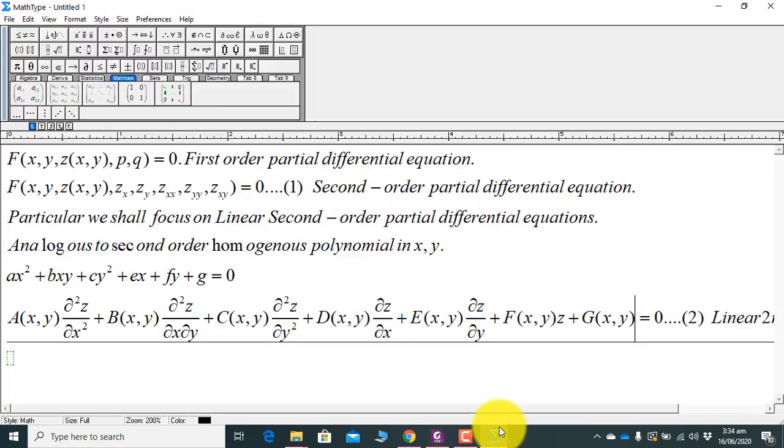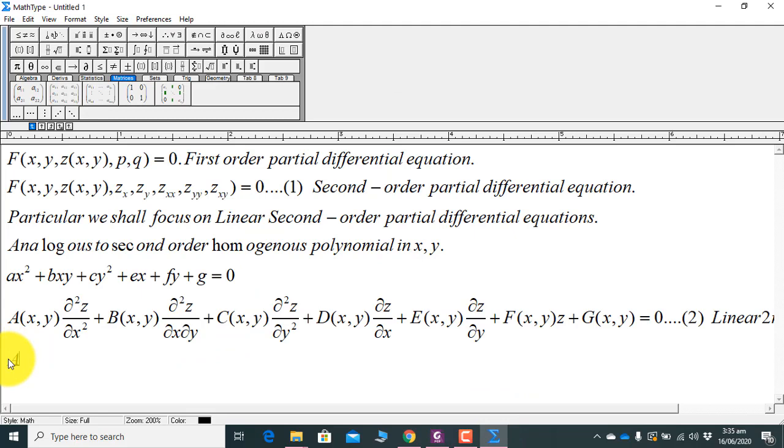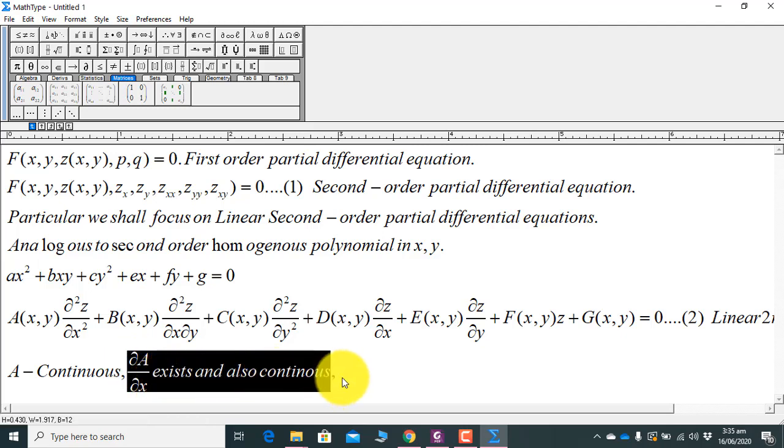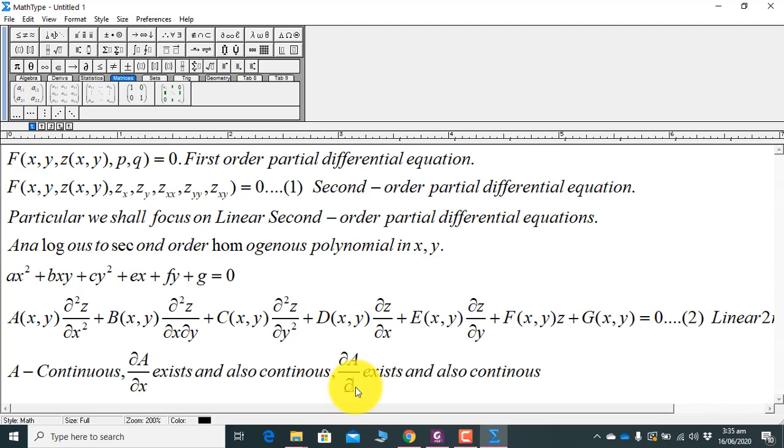What I am saying is that for A, A is continuous, and partial A over partial x exists and is also continuous. Similarly, partial A over partial y exists and is also continuous.